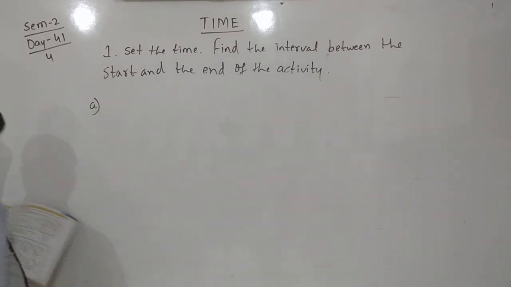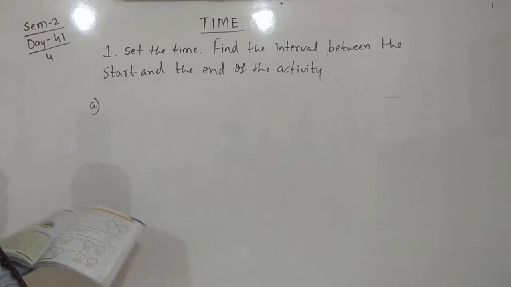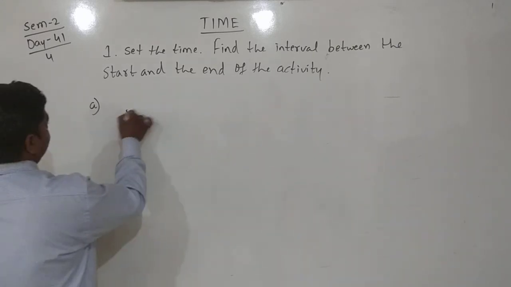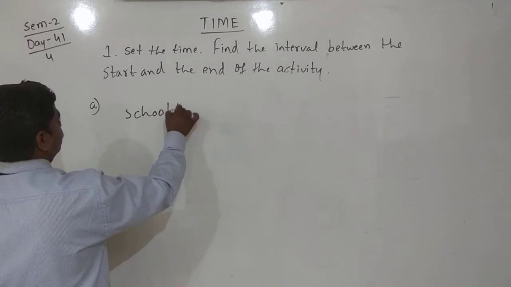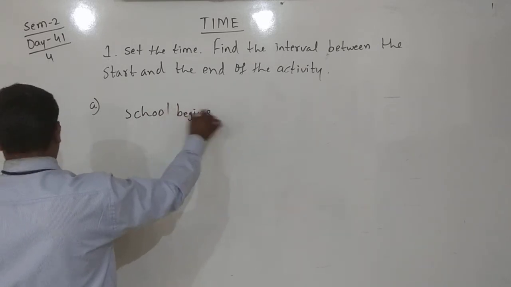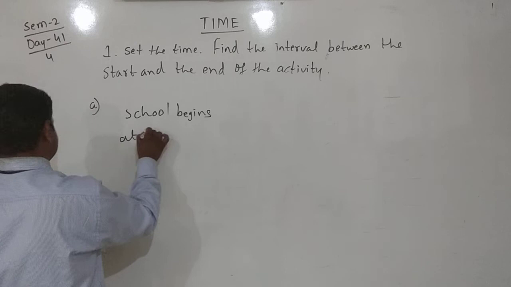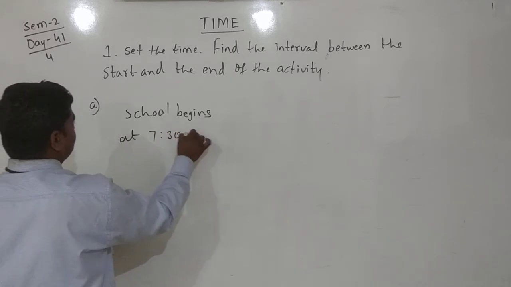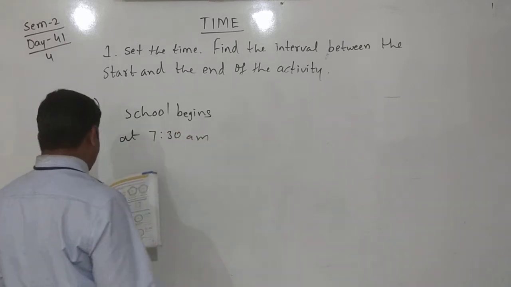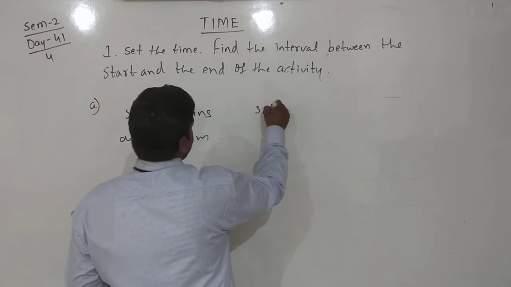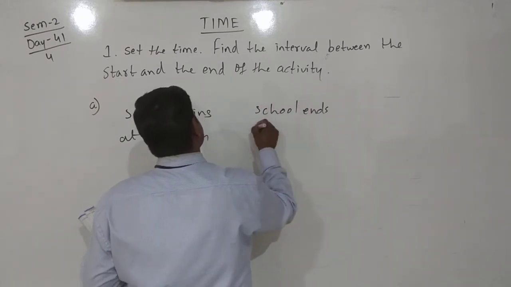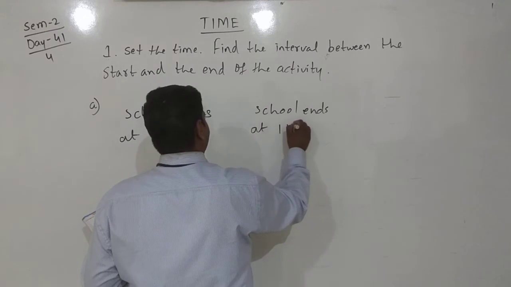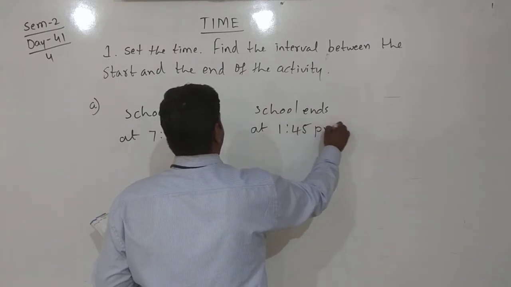A. Yes, here school begins at 7:30 AM. Clocks are given. You should write school begins at 7:30 AM and school ends at 1:45 PM.